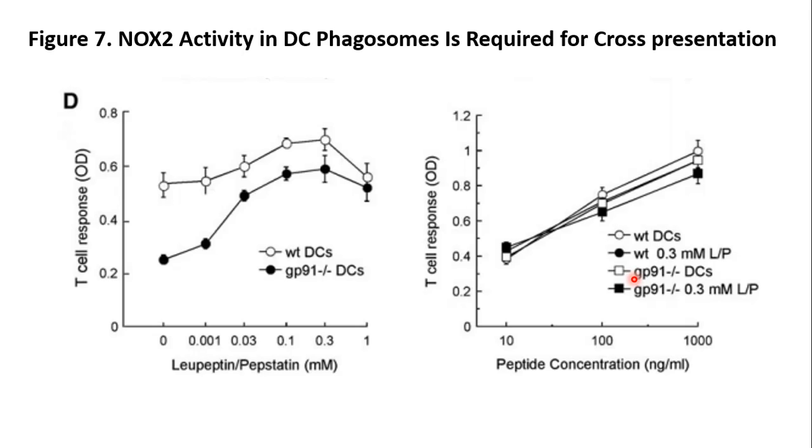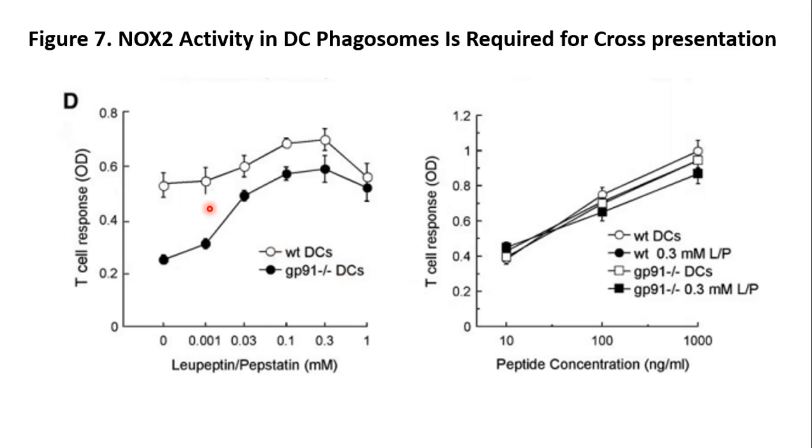Partial inhibition of proteolysis in GP defective DCs overcomes the cross-presentation defect, indicating that excessive antigen degradation in phagosomes from GP defective DCs resulting from abnormal acidic pH is the cause of inefficient cross-presentation.